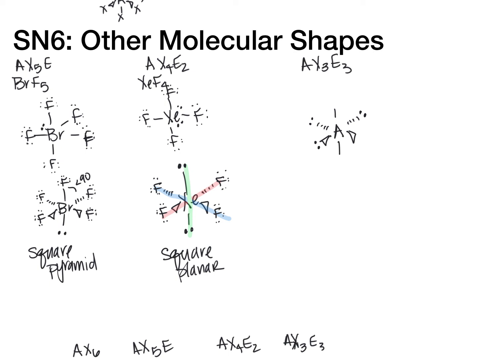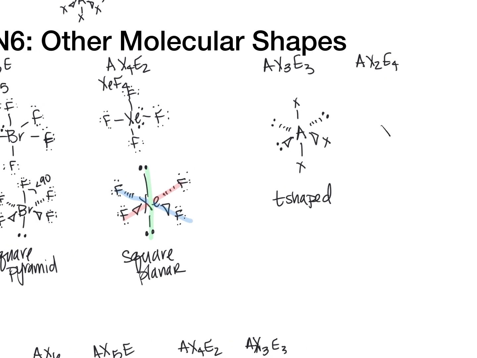And so we're going to put our x's here and this is considered T-shaped. And while there are very, very few structures of AX2E4, in that case, what you would have would be the A in the center, your X's along any of the axes, and all of your lone pairs along the central, and that would be linear.